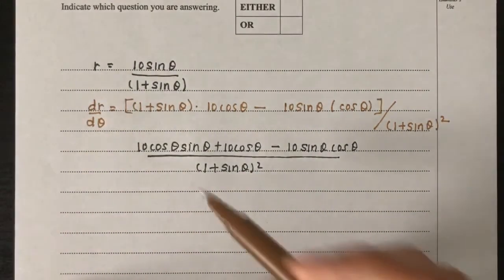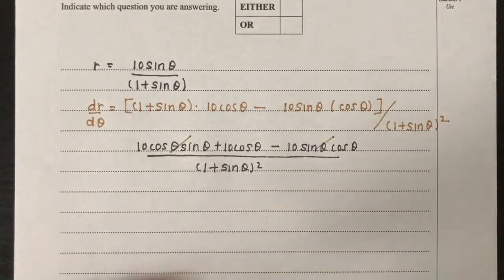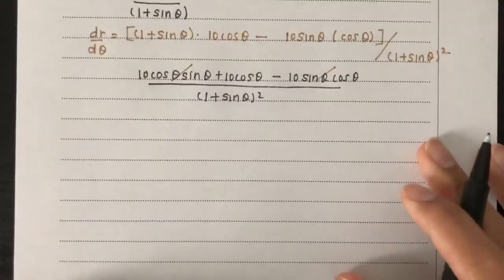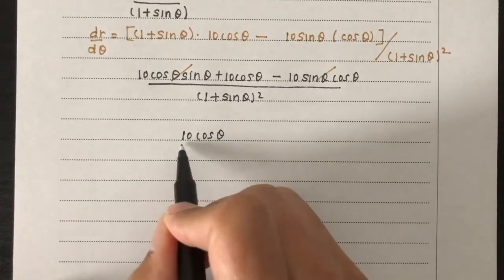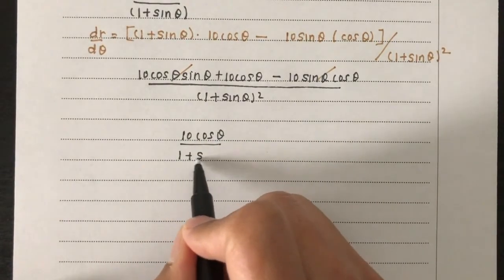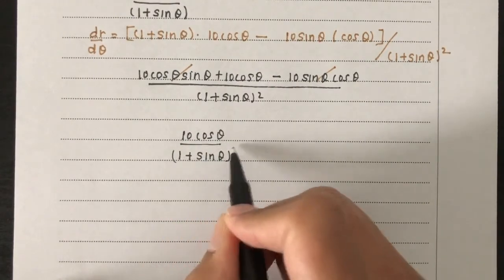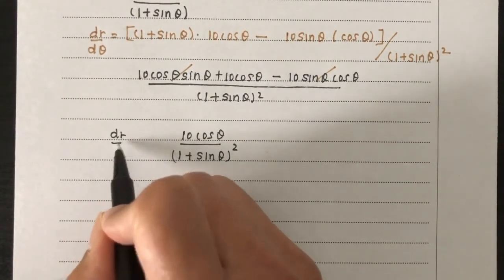Now if you observe, these two will cancel out, so you will have remaining 10 cos theta over 1 plus sine theta squared. That will be your dr by d theta.